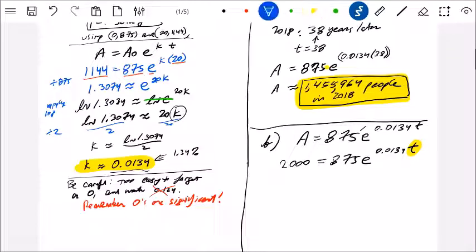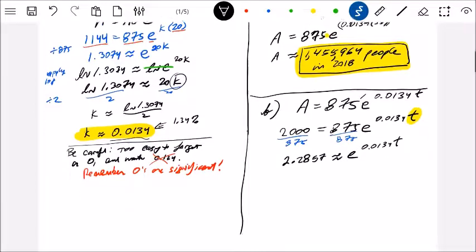So that means I'm going to divide by that 875, and this time we get the number of approximately 2.2857 equals e to the 0.0134 t. And now we're going to apply natural log to both sides.